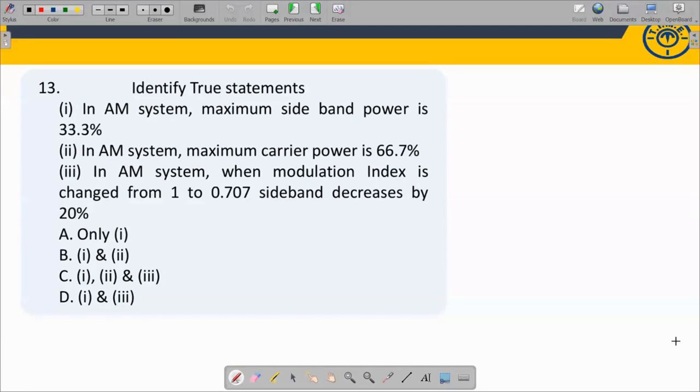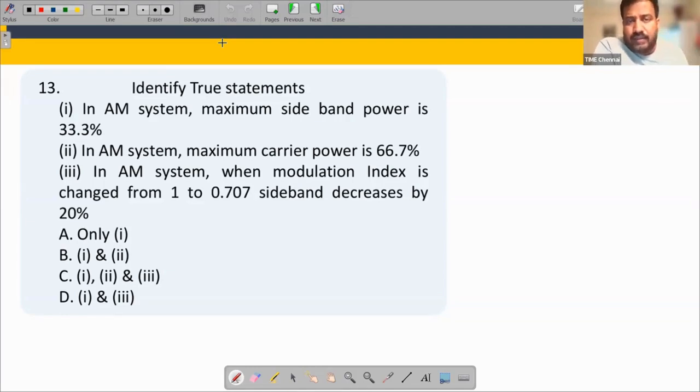Okay, what is the answer? Did you get the answer? Okay. Option B. Shall we?